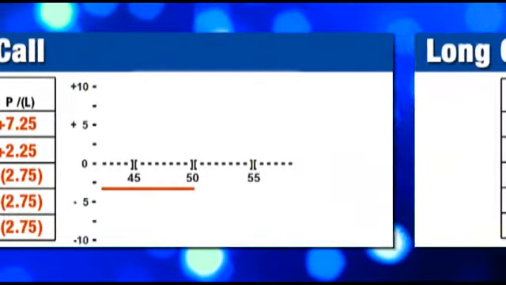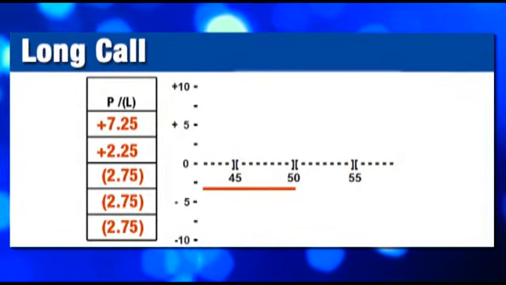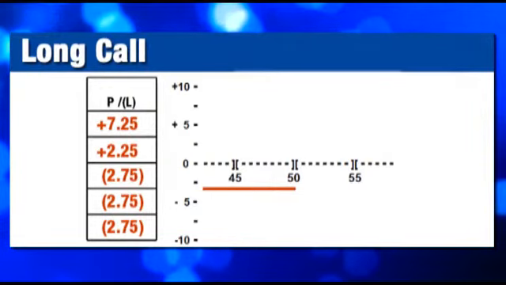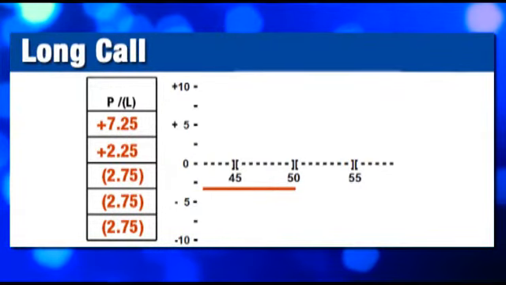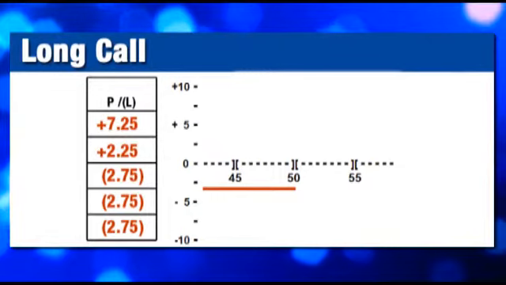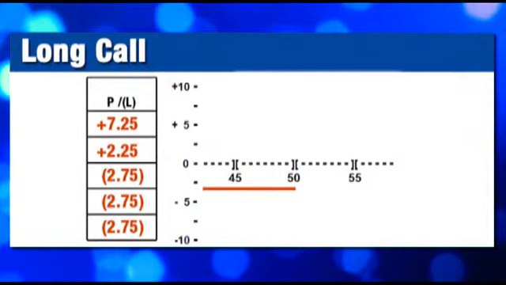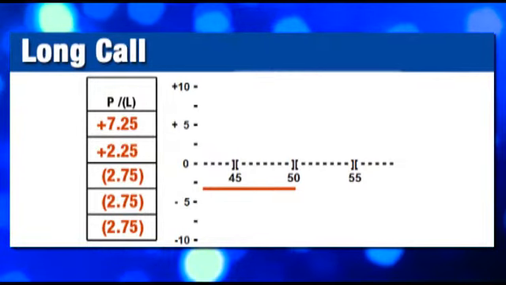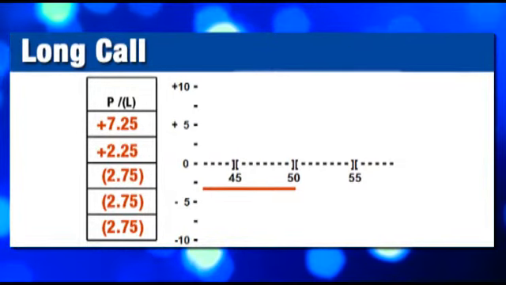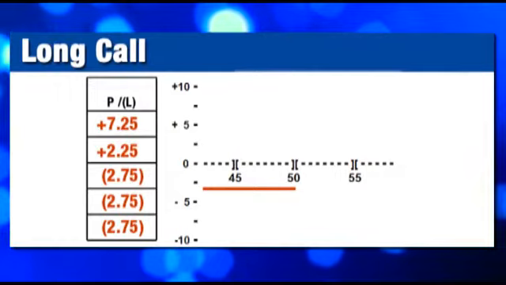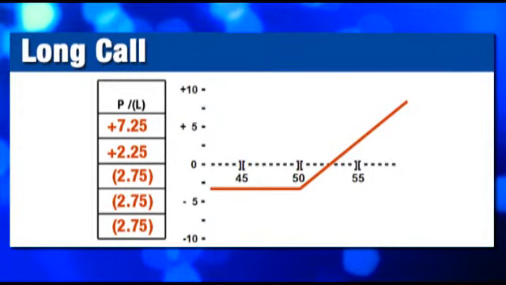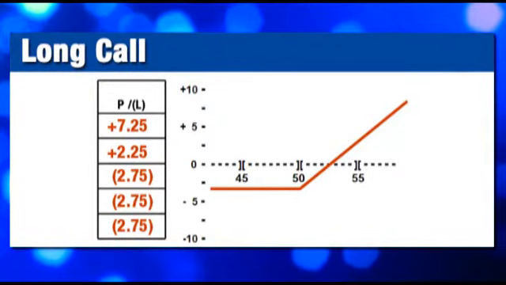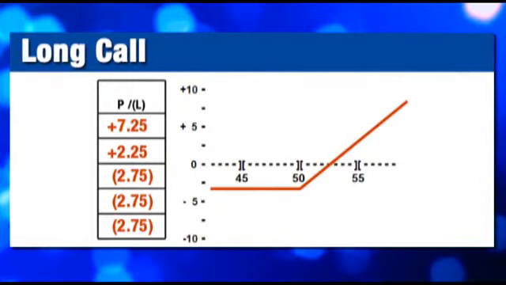As we continue to create the diagram with step 6, we take the profit or loss numbers from the rightmost column of the profit-loss table and plot them on the diagram. We show only the loss outcomes of $2.75 per share, which occurs if the stock price is at or below $50 at expiration. Finally, in step 7, the profit-loss results with the stock price above 50 are added to the profit-loss diagram.